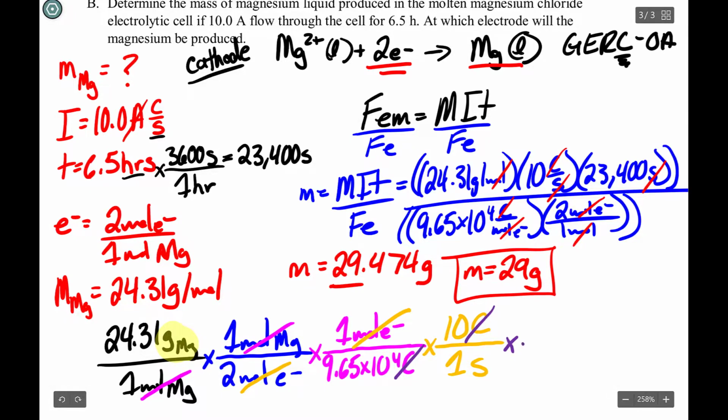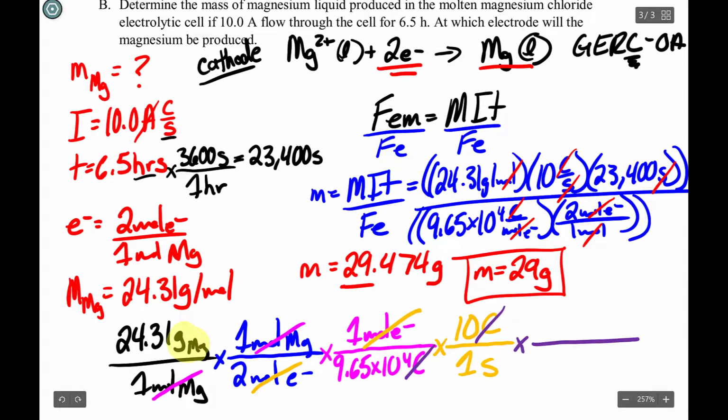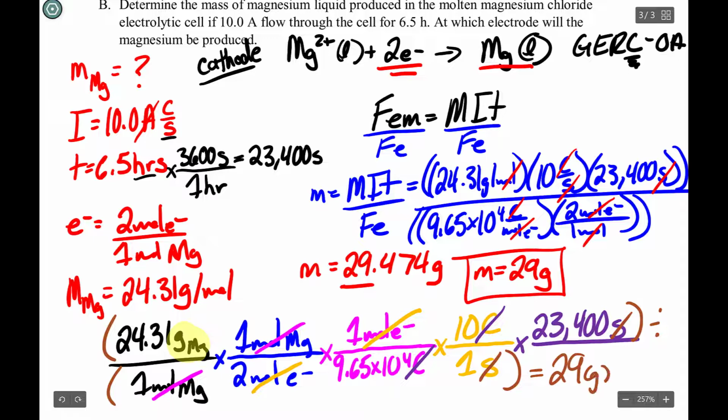What has seconds in it? Well, I have time. There are 23,400 seconds in 6.5 hours. The seconds cancel out. Everything on top goes in one set of brackets, hit divide. Everything on the bottom goes into one set of brackets, hit equals, and sure enough, it comes out to 29 grams as well.